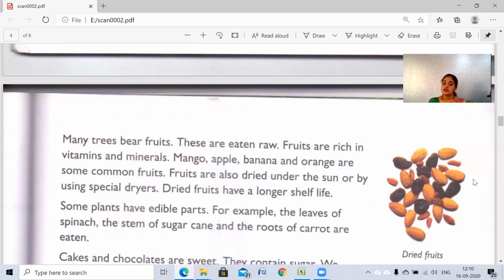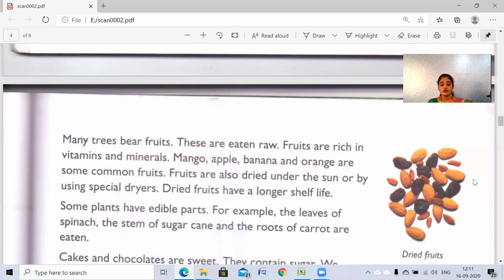Look here. Many trees bear fruit, is it not? These are eaten raw. Fruits are rich in vitamins and minerals. Examples of fruits are mango, apple, banana, orange, and so on, some of the common fruits.